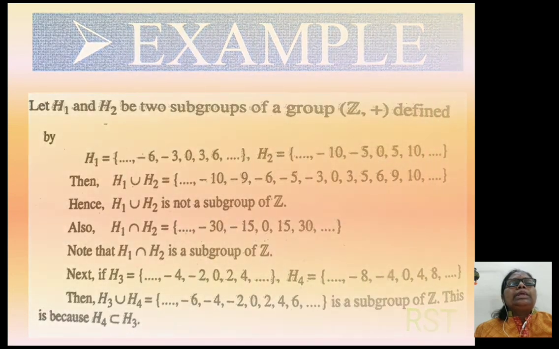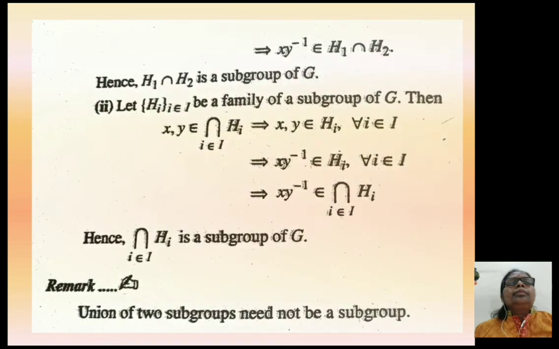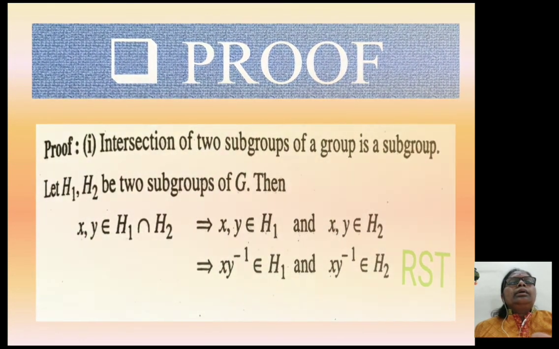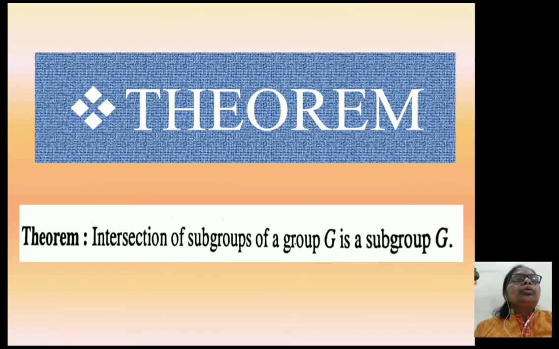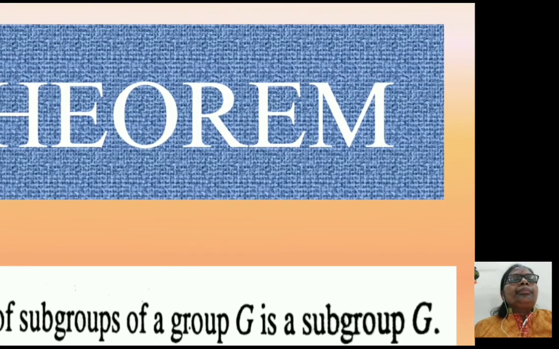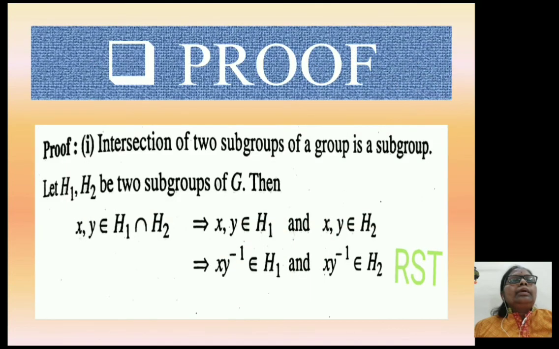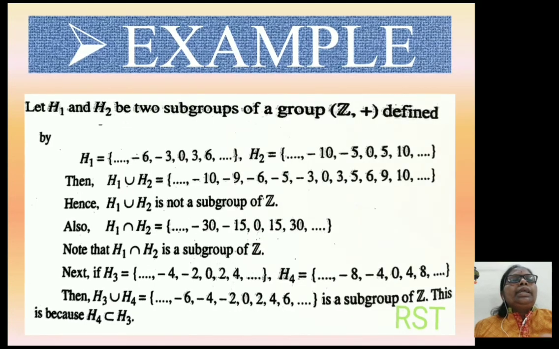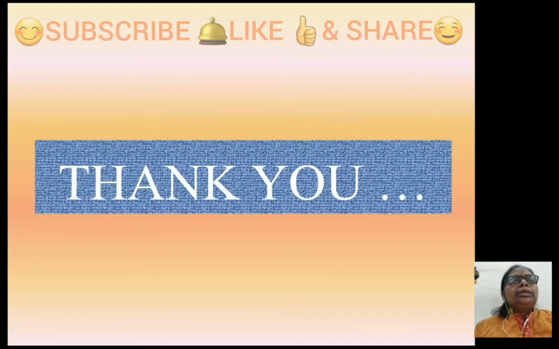Also, previously we have seen one theorem: the intersection of subgroups of a group G is a subgroup of G. Thus, we have proved the theorems and solved the examples. Thank you.